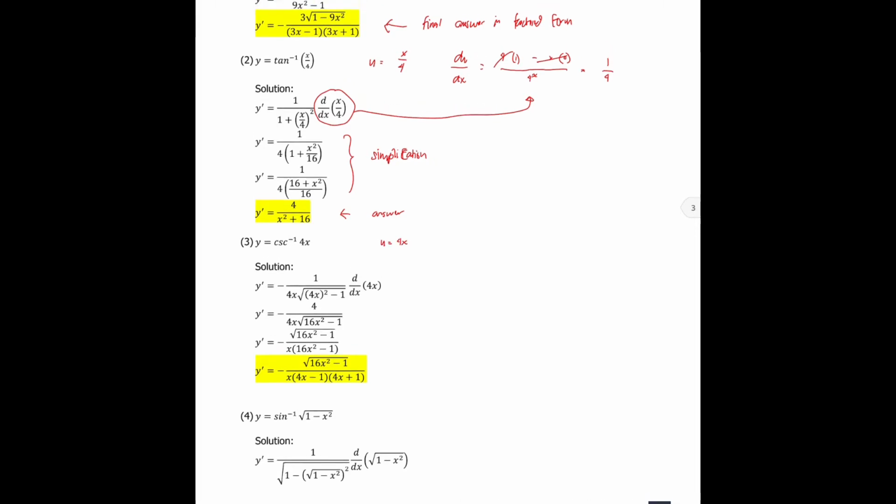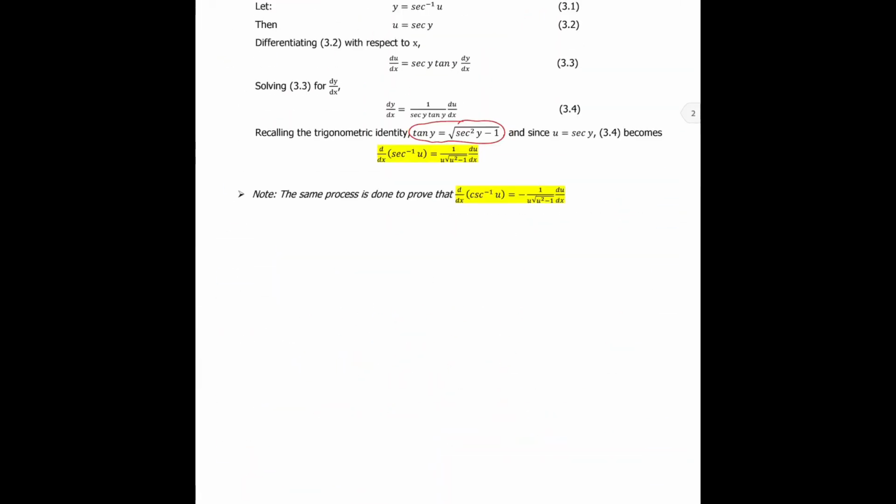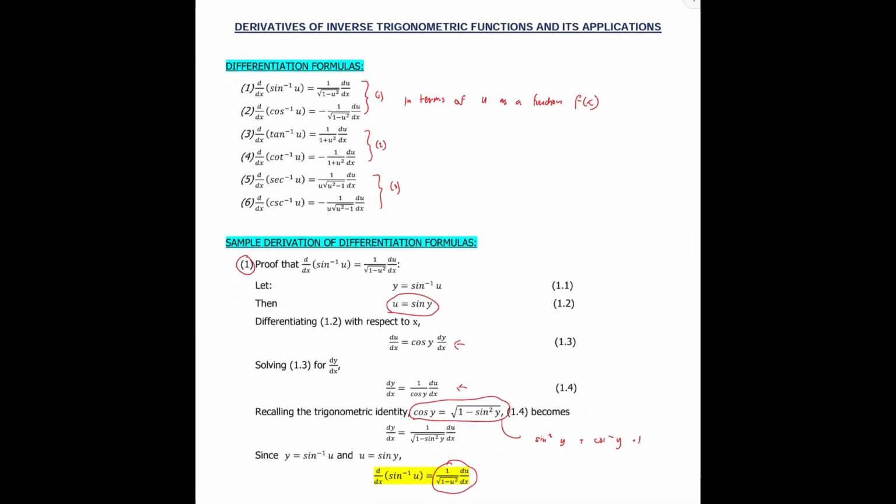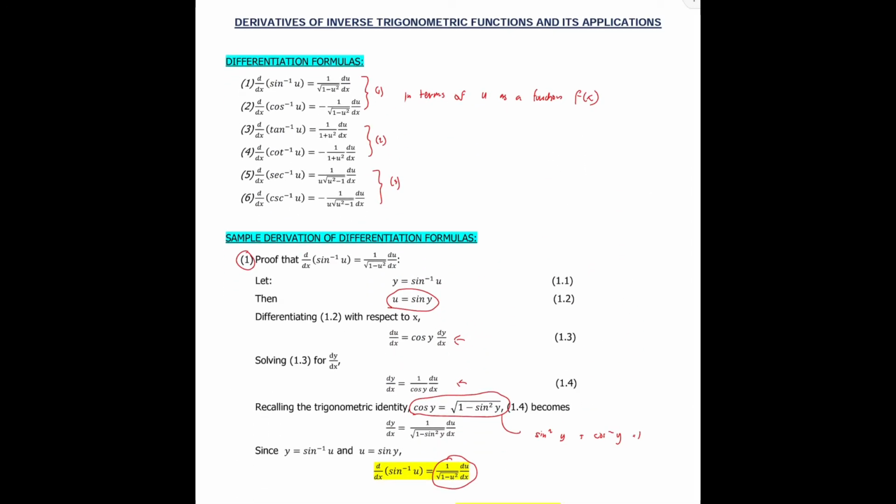Then sa third na example, it involves arc cosecant. Atong u diri is 4x. Then we will need to use this one.